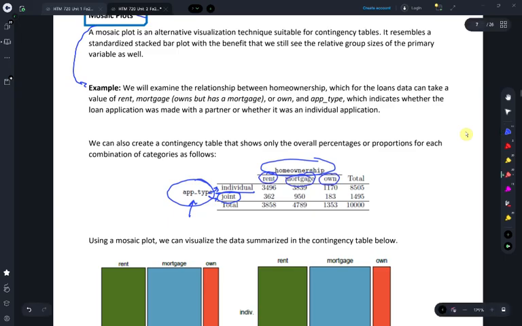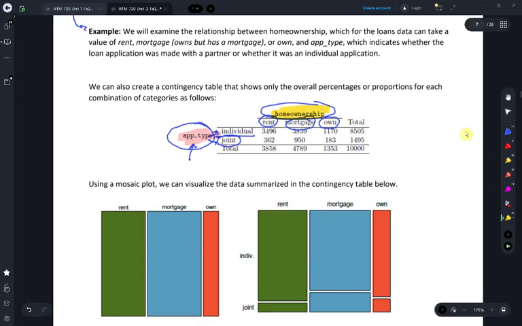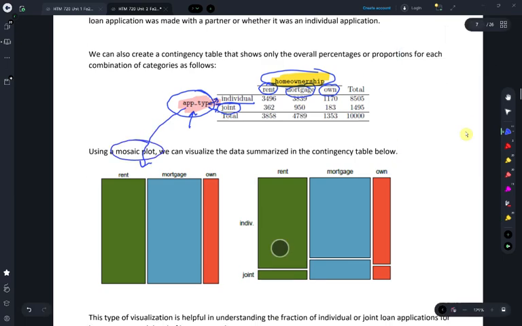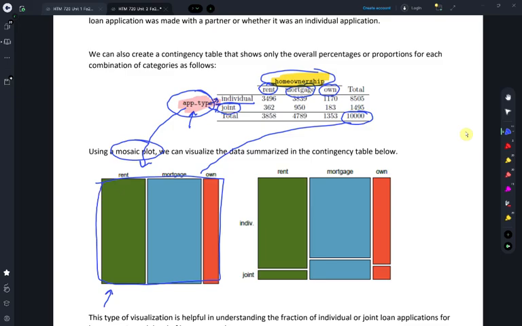So for these two categorical variables, application type and home ownership, the research question is, do we perceive that there might be any relationship between these two variables? We can represent this relationship using a mosaic plot. Here is a mosaic plot. So the 10,000 in total corresponds to the total size of this rectangle or square. And this has been broken down into rent, into mortgage, and then into those who own.